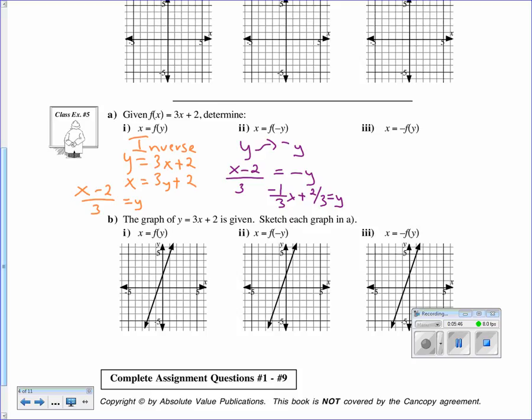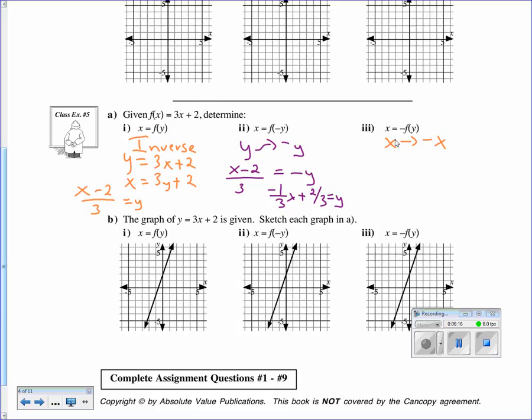And then the next statement is actually asking me to change my x's. So the inverse notation is a little bit weird to get used to because it's already been flipped. This is actually asking me to make my x's into minus x's. So I can go back to the original inverse statement, and wherever there was an x, I can write a minus x.